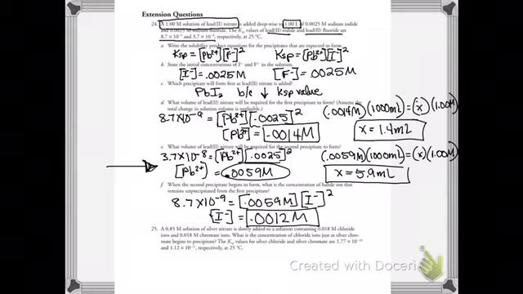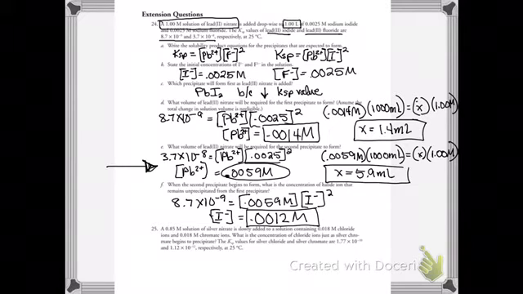And then once I get that silver ion concentration, I can plug that into the Ksp for silver chloride so that I can get that chloride ion concentration. All right, kind of a wraparound problem.